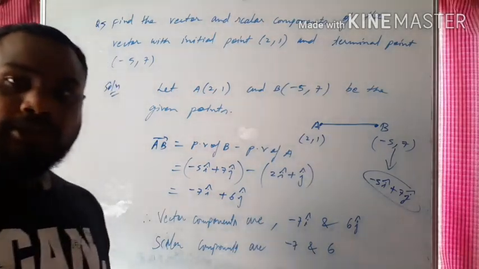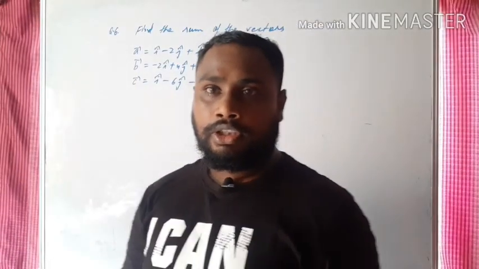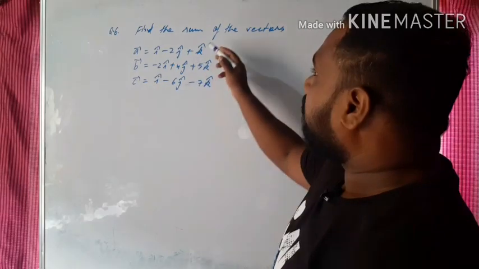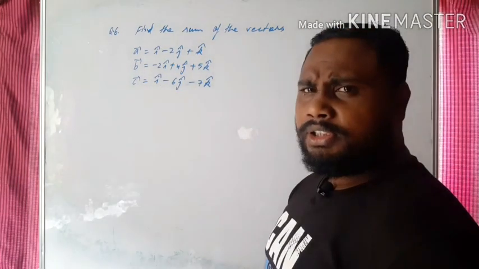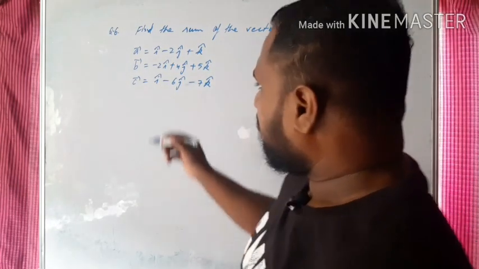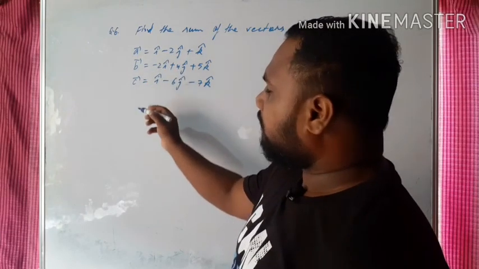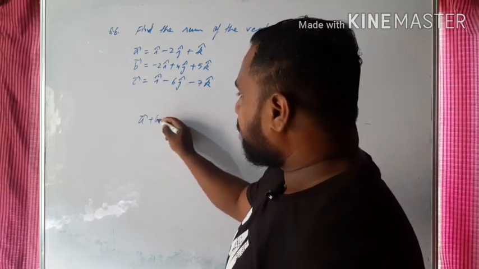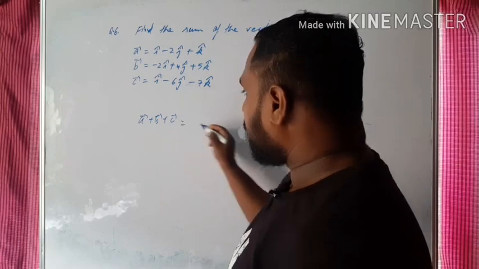So let's see the next question. The next question is to find the sum of the vectors. It's very simple, you just have to add them. If I want to find the sum of the vectors a, b, c, then a plus b plus c is equal to, you just have to add.